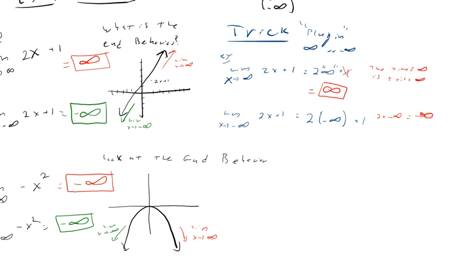So the reason I crossed out the 1 is that, let me show you here. If I have negative infinity plus 1, is that going to change the number? Is that going to make it into a positive number? That 1 is insignificant. That's why I crossed it out, because it doesn't matter.